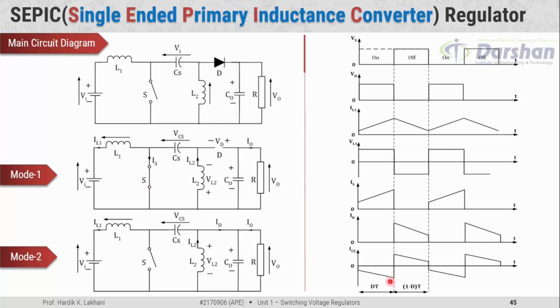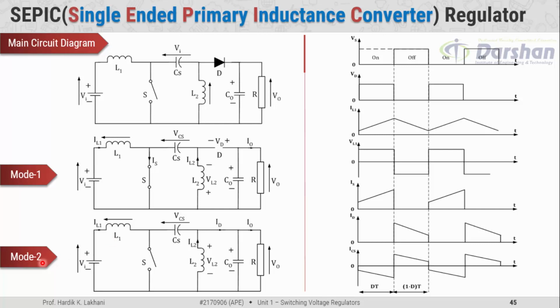At the instant dT, when the switch is turned off, the mode 2 operation begins. By the end of mode 1, the capacitor has released its energy into the inductor L2, and inductor L1 has stored the energy from the supply.